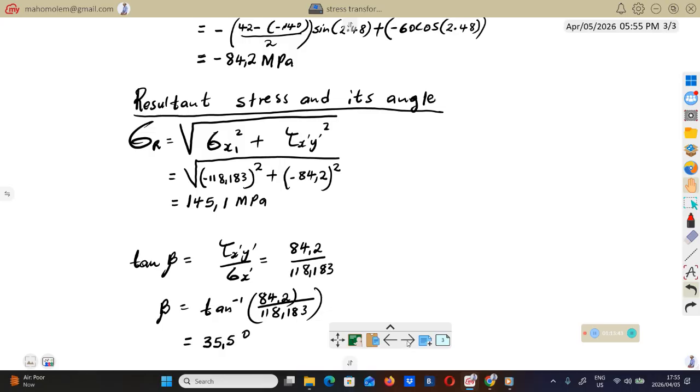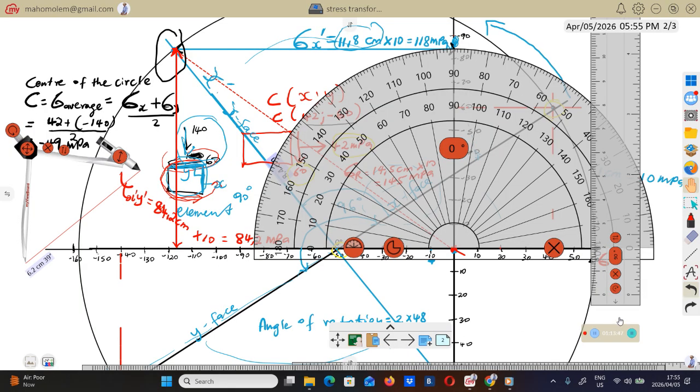We got 35.5. Here we go. Check this red dotted line is crossing between 30 and 40. So it's 35, maybe 0.2. Yeah, 35.2. That's what I'm getting from the protractor there.